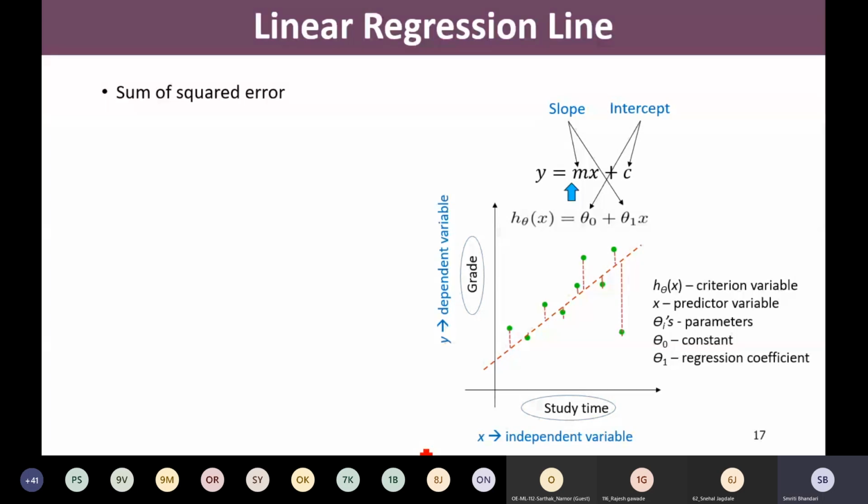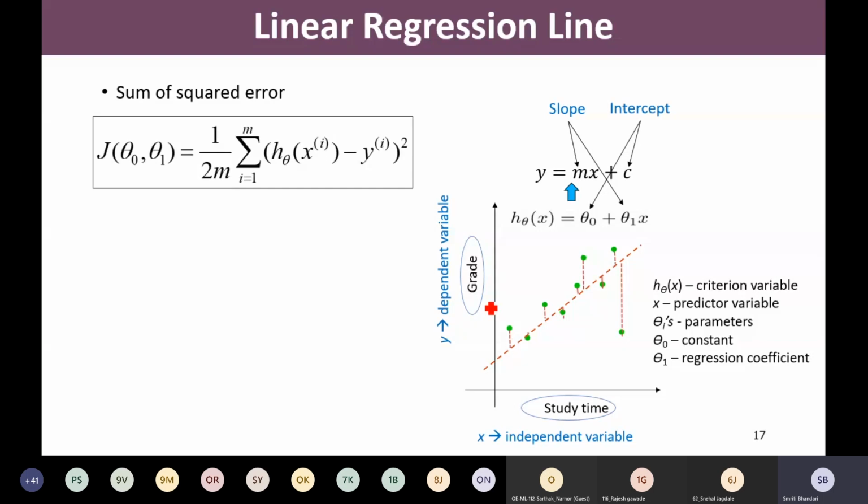If we are able to compute the individual errors for every sample, then to compute the overall error we make use of an expression known as sum of squared error. And how are we going to denote this sum of squared error? See here, how many samples do we have? M samples, right? So we have a summation over i equal to 1 to m.